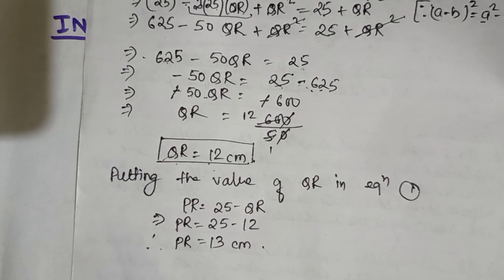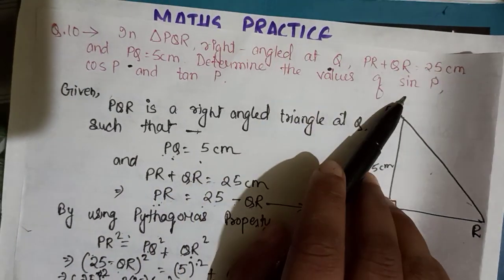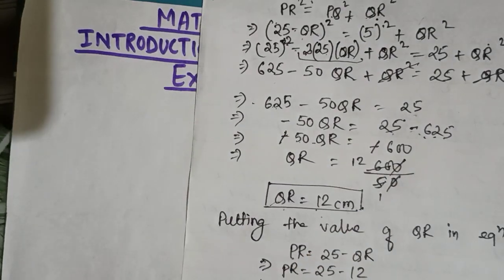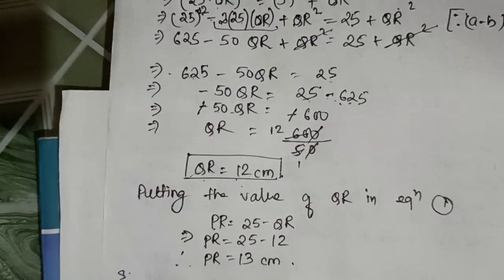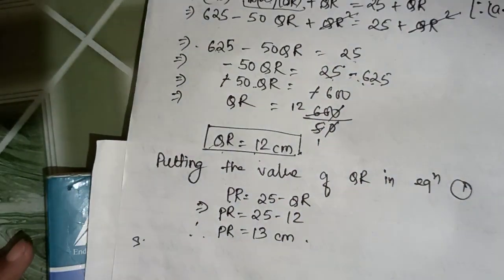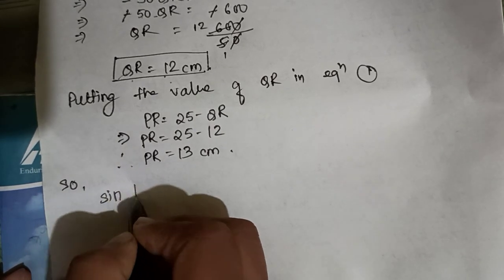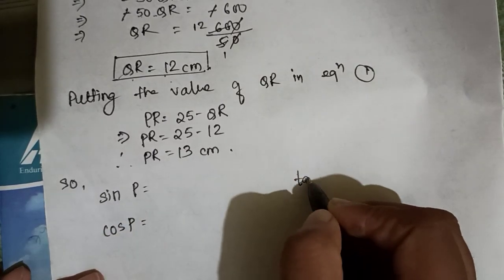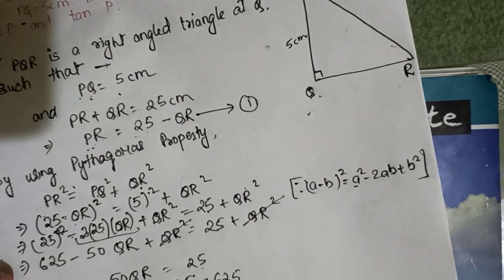So we got all three sides of the triangle. Now we have to find the values of sin P, cos P and tan P. The formula of sin P is opposite by hypotenuse.